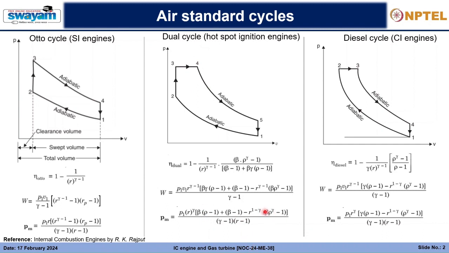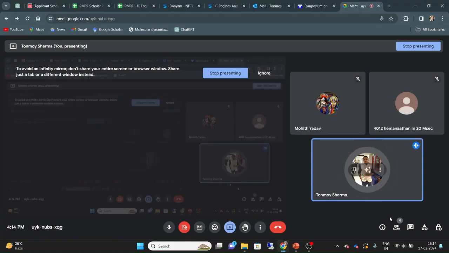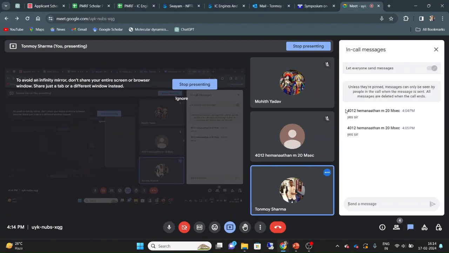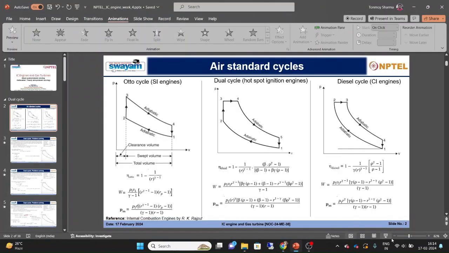Then again, the compression ratio between the volumes 1 and 2, and accordingly we have this expression. I think there should not be any problem till now, because we have discussed this in the previous session. Anyways, I will just have a look if there are any doubts. Okay, there are no doubts. Then I will continue.